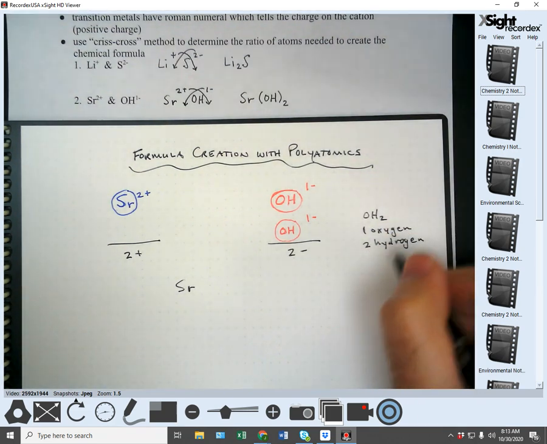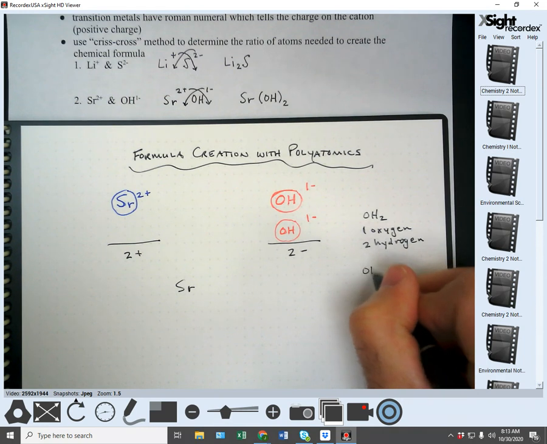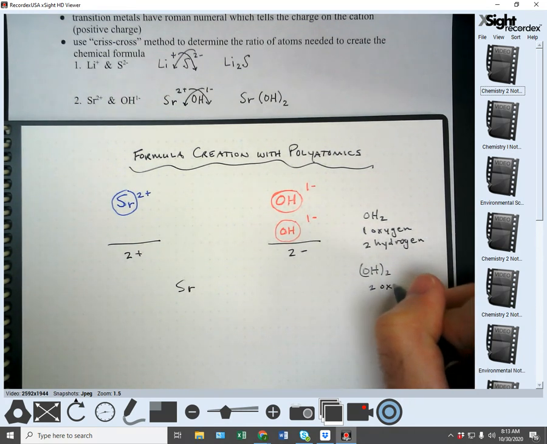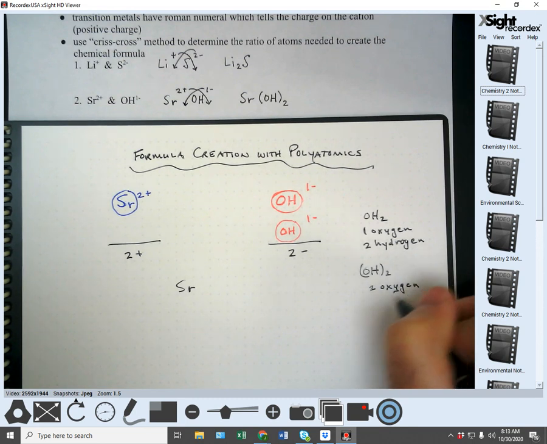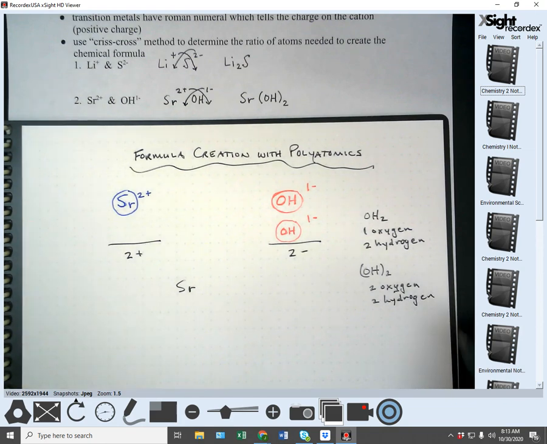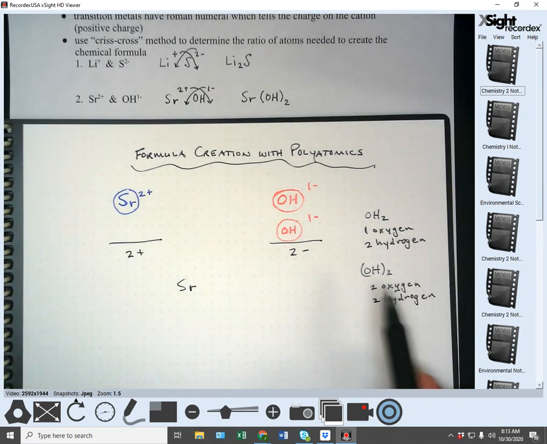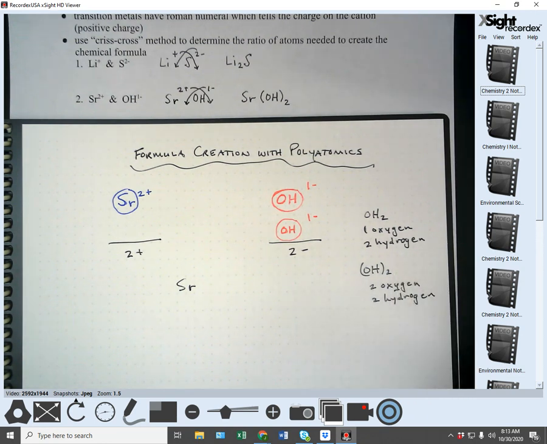Okay, this means you have 2 oxygen and 2 hydrogen, which is what we want. So it's like in algebra when you distribute something outside of parentheses.